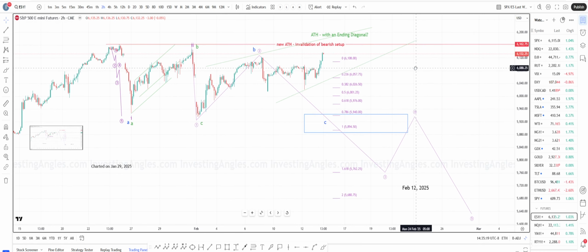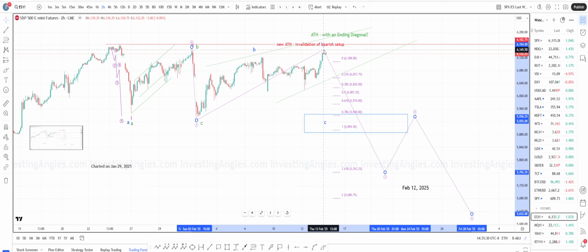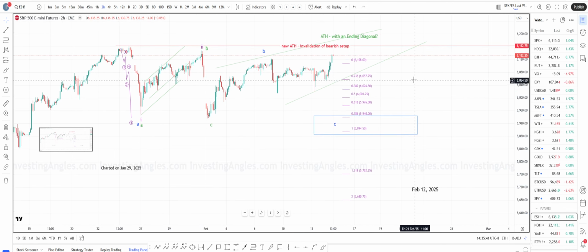Now moving on to our signals. I would say that we can probably scrap the purple path here, because I wouldn't rely too much on this one. If this is wave 2, I think that this is another structure being developed.